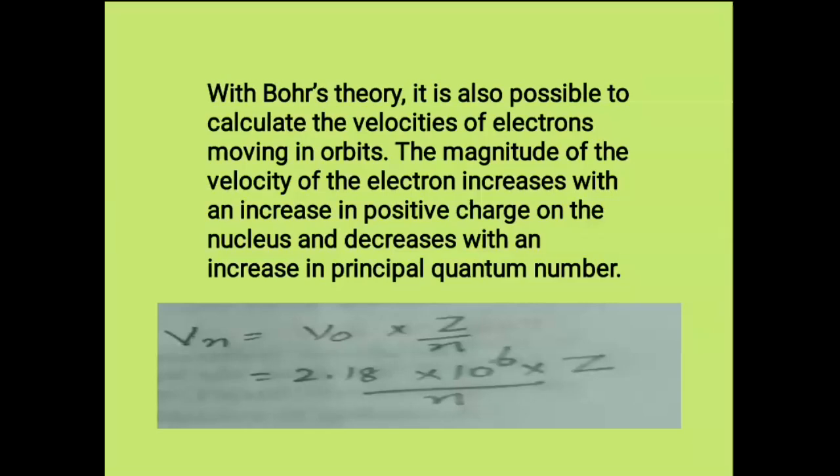If we want to calculate the velocity of the electron in any particular shell, it can be calculated simply by using the equation Vn is equal to V0 into Z upon n, where V0 is the velocity of the electron in the ground state, meaning in the first shell, and that is 2.18 into 10 raised to power 6 meters per second. Z is the atomic number and n is the number of the shell in which the electron is revolving.